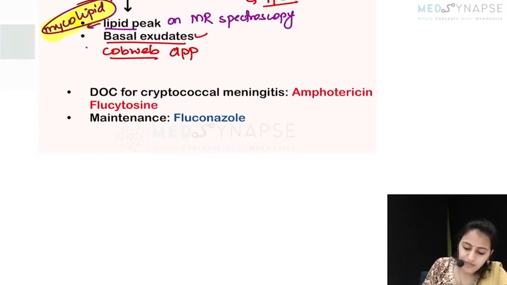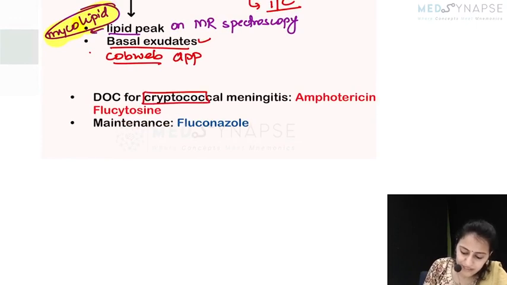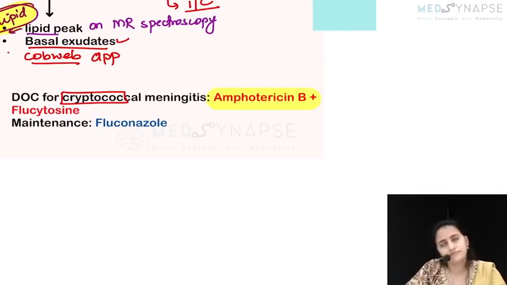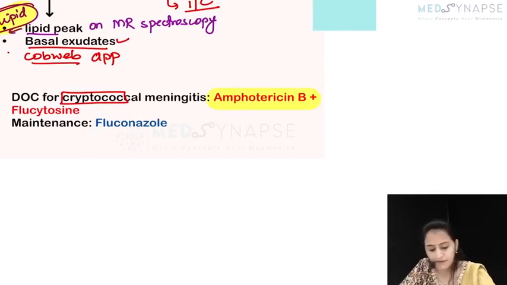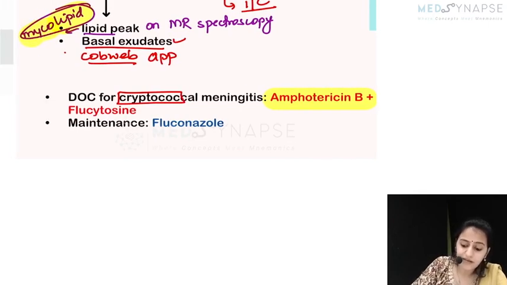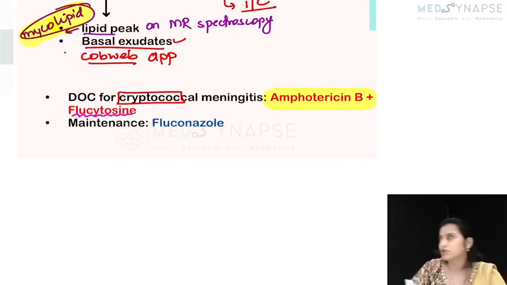What is the drug of choice for fungal? That is cryptococcal meningitis. It is amphotericin B, right? LAM, liposomal amphotericin B, and you give it along with flucytosine, not fluconazole.